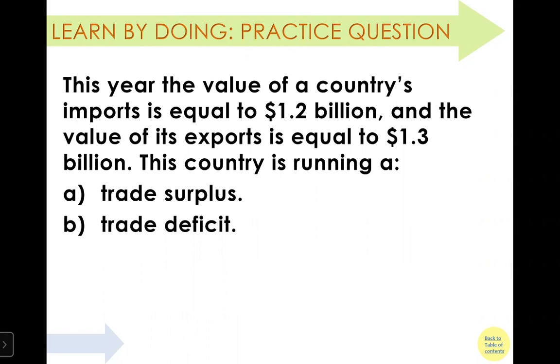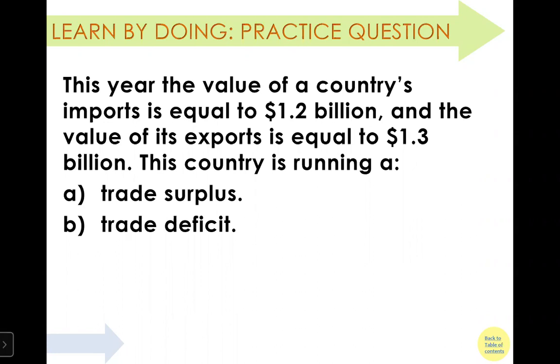Now let's look at a practice question. This year, the value of a country's imports is equal to 1.2 billion, and the value of its exports is equal to 1.3 billion. Clearly this country sold more than it bought from foreigners, so it is running a trade surplus.